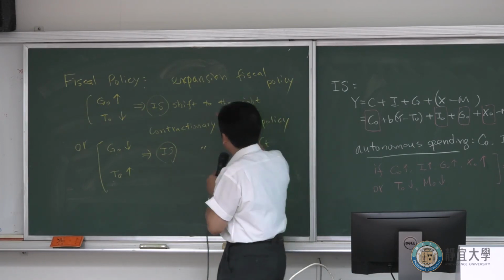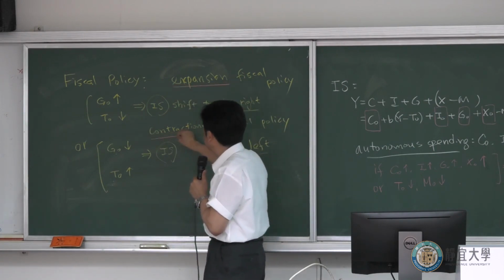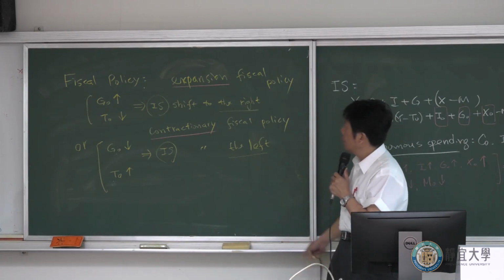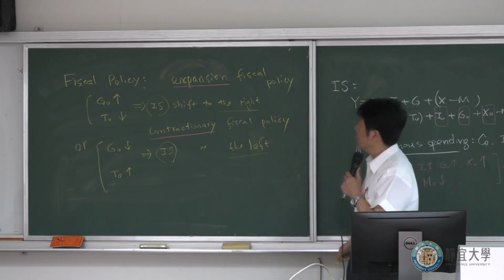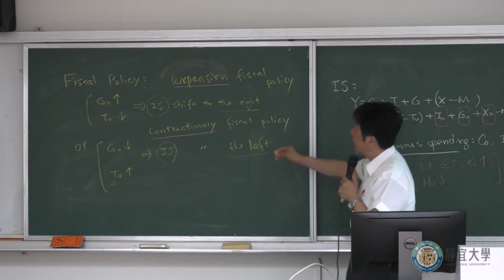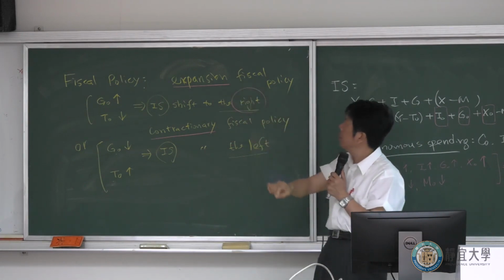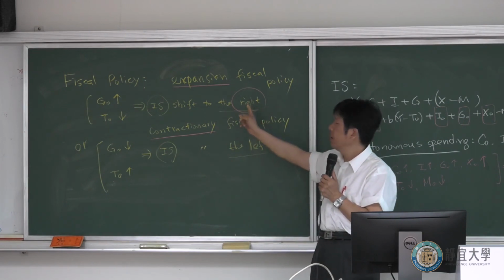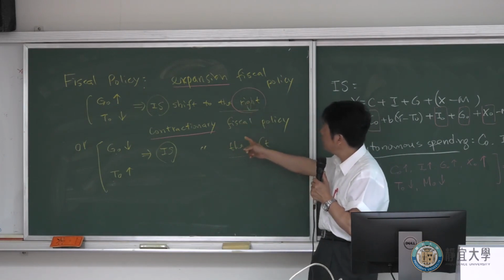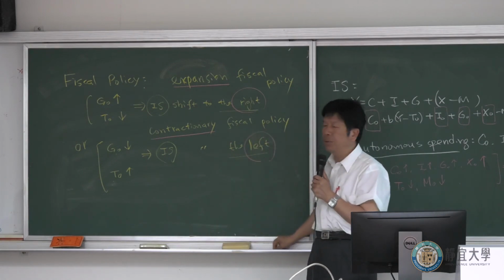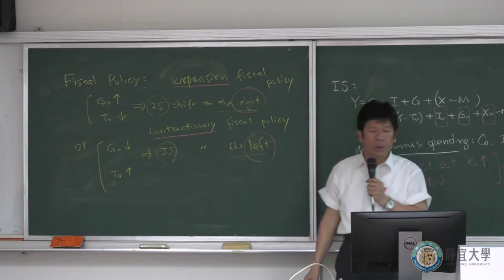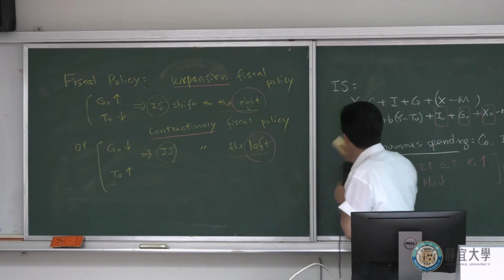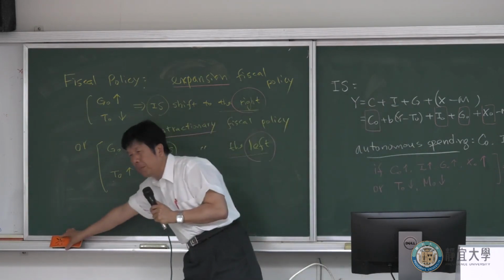So here you need to know expansionary and contractionary. If it is expansionary fiscal policy, the IS curve shifts to the right-hand side, and with contractionary fiscal policy, it shifts to the left-hand side. So you can find this situation, and here you can also try to draw the monetary policy.